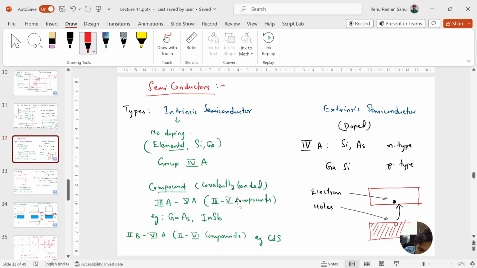So you can look for the value of the band gap. It can be calculated by different methods, like experimentally you can determine it by absorption experiments. Gallium arsenide and these others are intrinsic semiconductors.